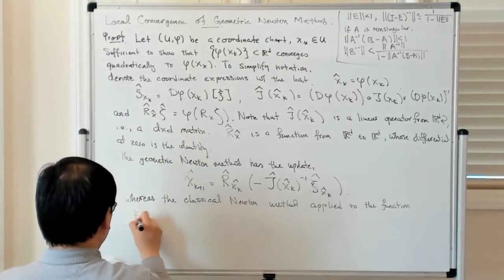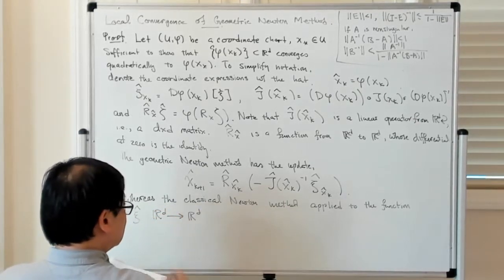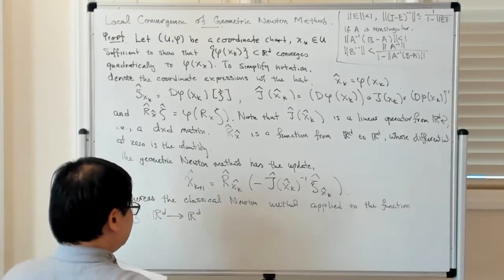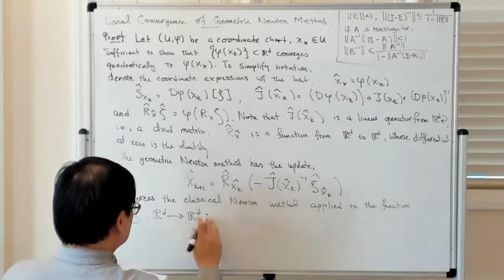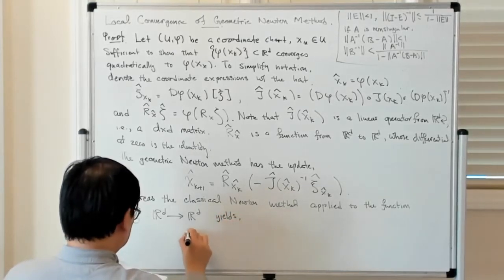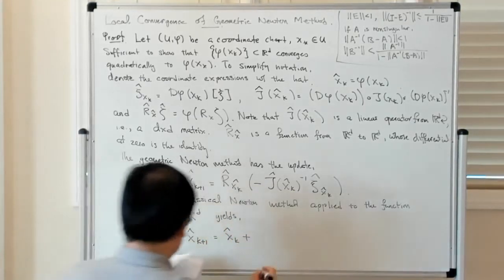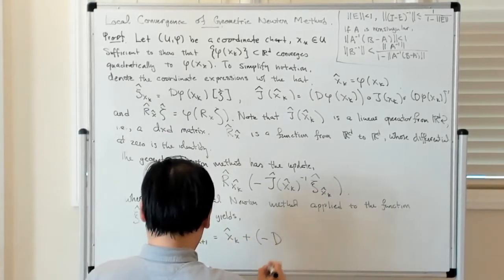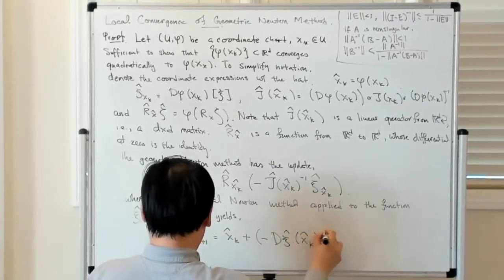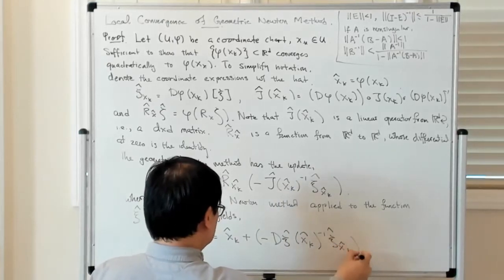So if you have C hat, which is a map from Rd to Rd, and you apply the classical Newton method to that, it yields the following: xk plus 1 hat is equal to xk hat minus the differential of C hat at xk hat, inverse, applied to this.